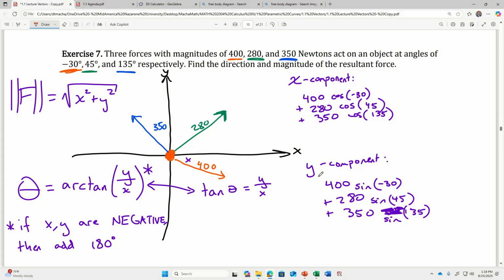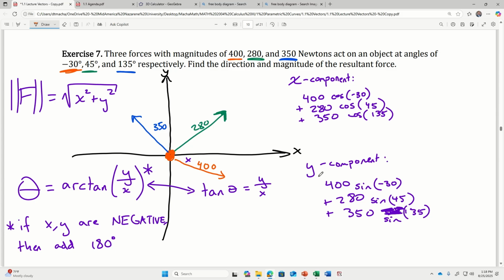Sine is opposite over hypotenuse. Cosine is adjacent over hypotenuse, and tangent is opposite over adjacent. That's the definition of what those trig functions mean.